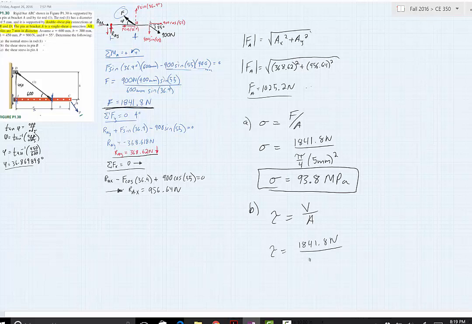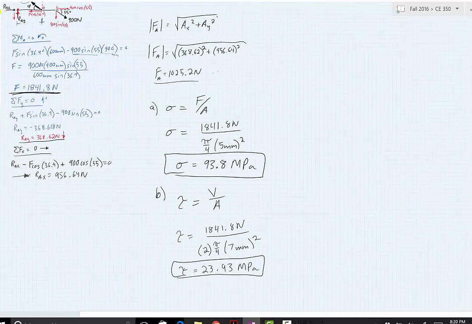So the area is going to be pi over 4 multiplied by 7 millimeters squared. But we need to multiply it by 2 because it's a double shear connection, right? So there's 2 of them, right? So I get a shear of 23.93 megapascals, right? That's for part B.